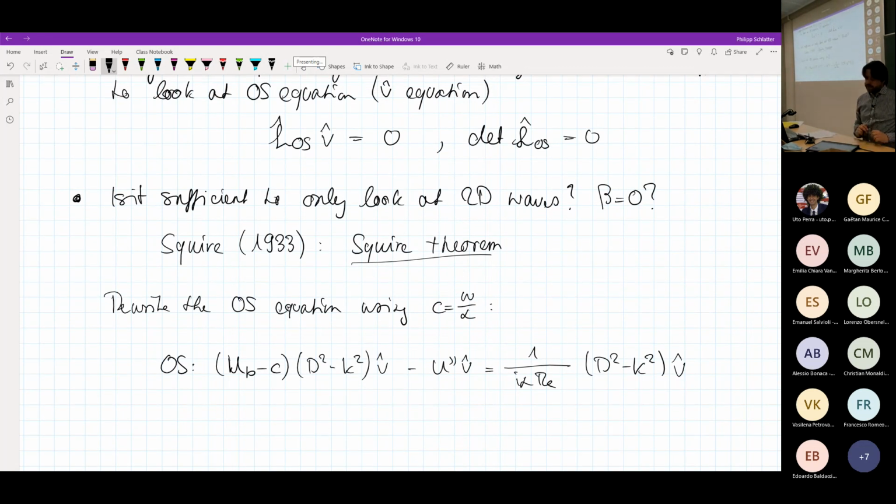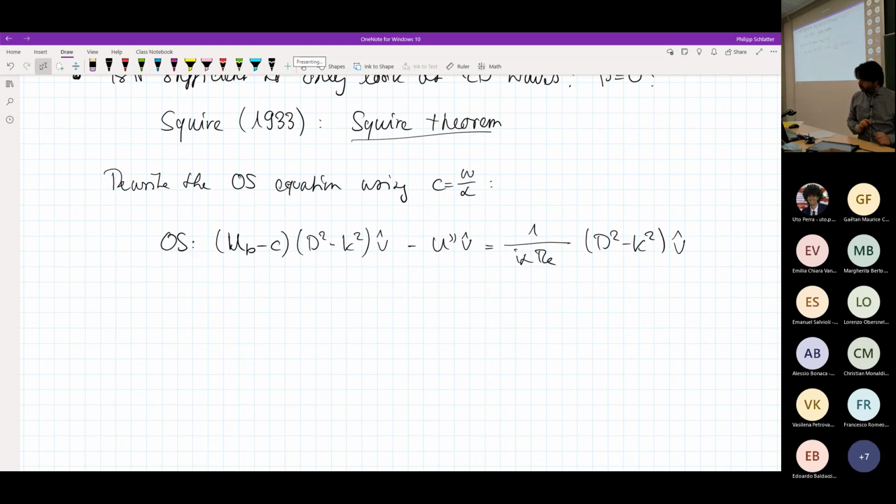The reason why this is important to do is, well, this one here is the Sommerfeld equation, but now let's look at the 2D Sommerfeld equation. So 2D, again, as I said, beta being 0. What does actually change in this equation? Well, U_B minus c is the same, because in c we only have alpha.